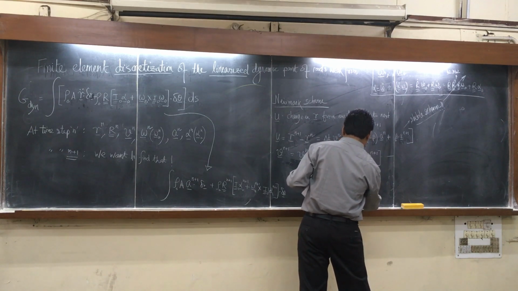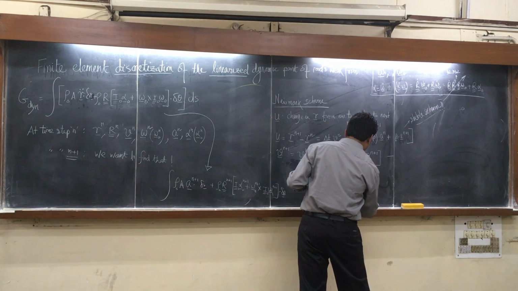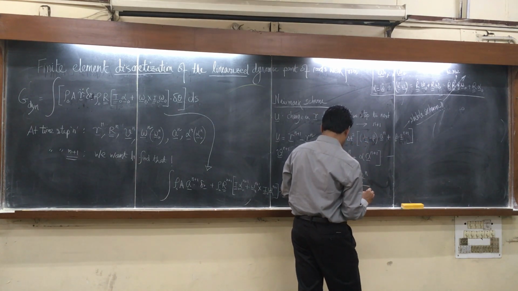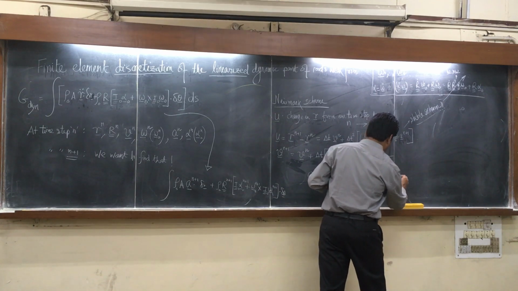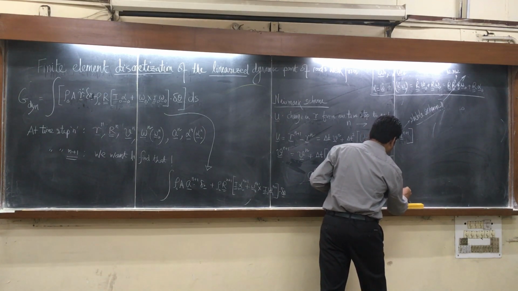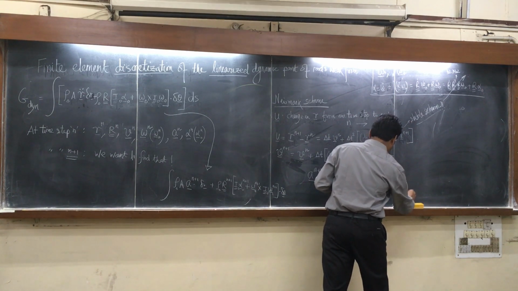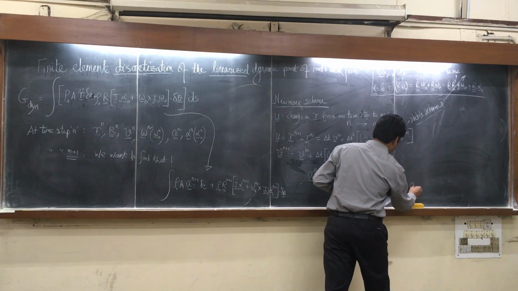Minus Vn over beta delta t plus 1 minus 1 over 2 beta times An.